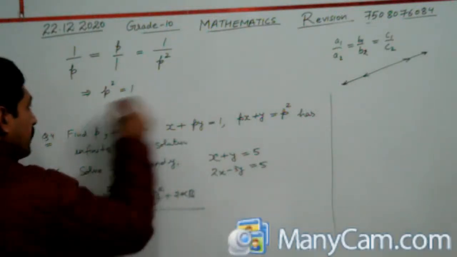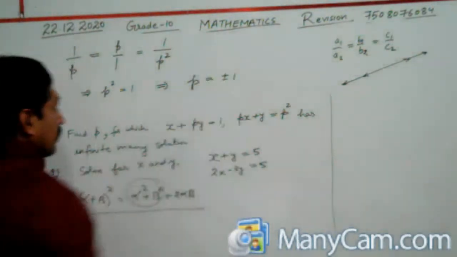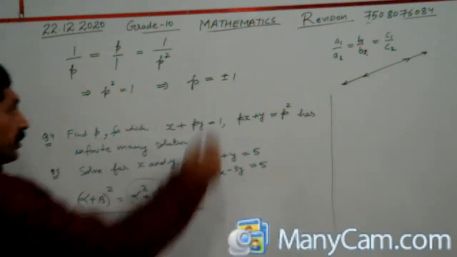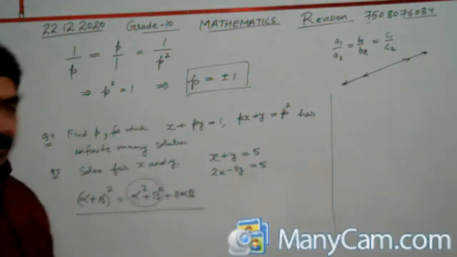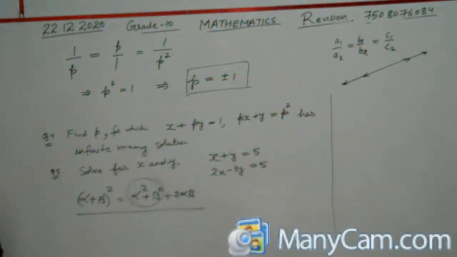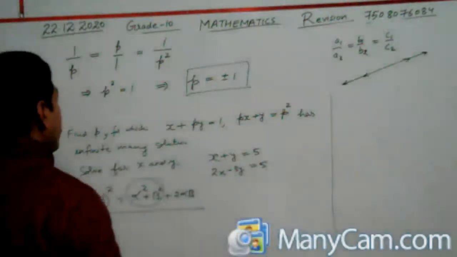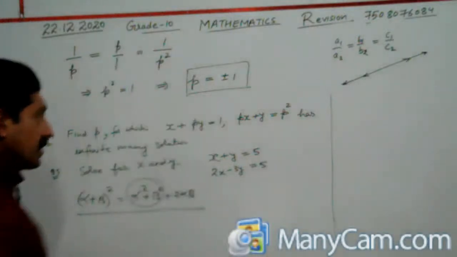So what is p? This implies that p is equal to plus minus 1. You can consider both the values plus minus 1. But minus 1 will not serve the purpose, because the square is also positive when we cross multiply.